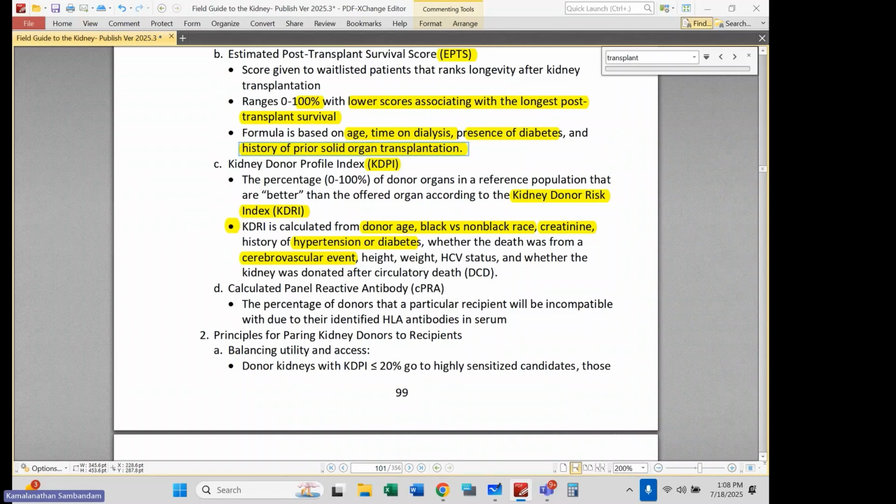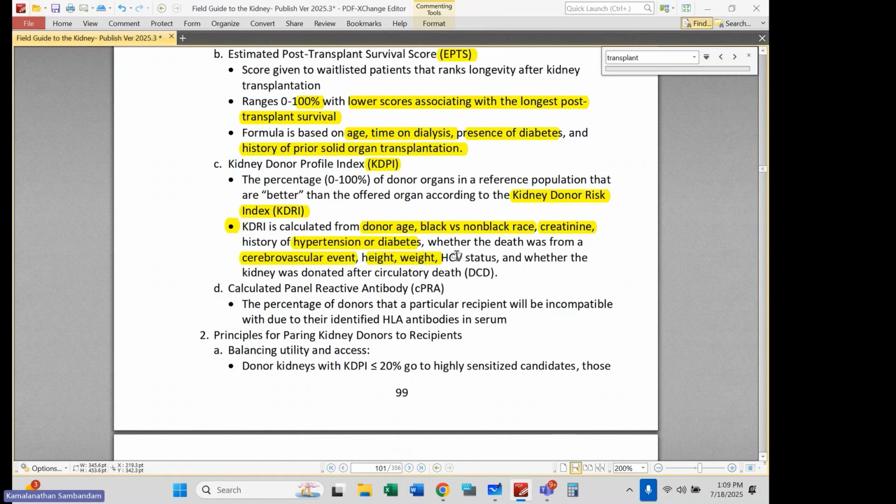They just looked at outcomes based on recipient attributes, and they said, which ones had the greatest p-value, the greatest effect size on predicting outcomes. Prior solid organ transplant was one. If a donor died from a CVA, that also predicted worse outcomes for the recipient.